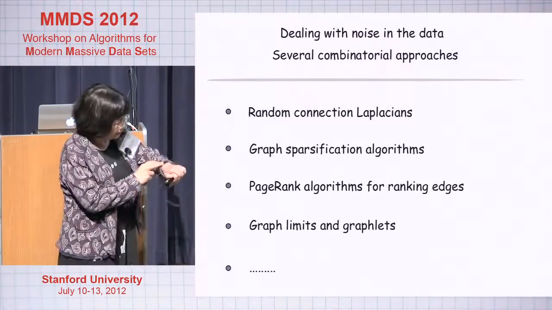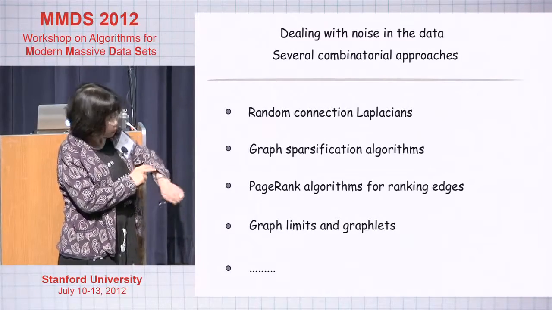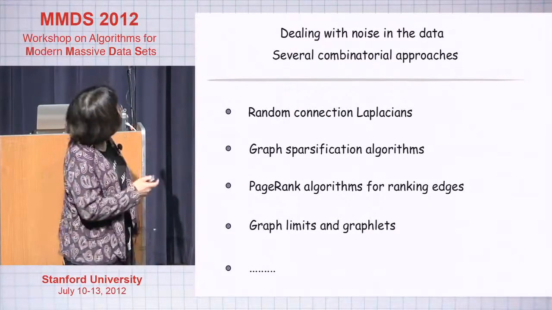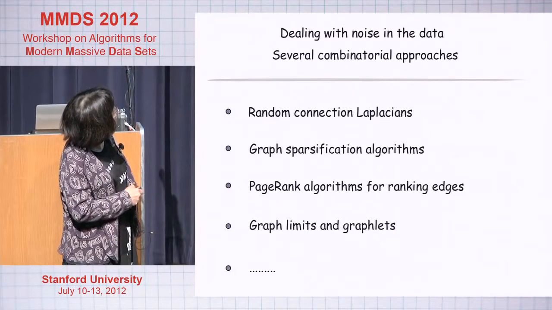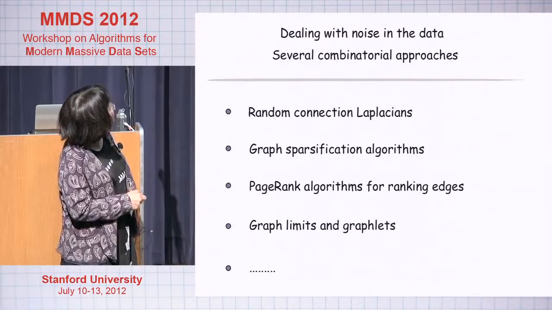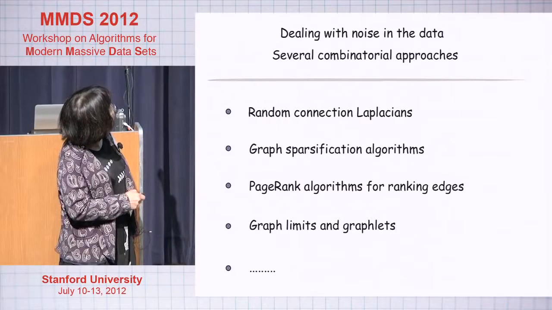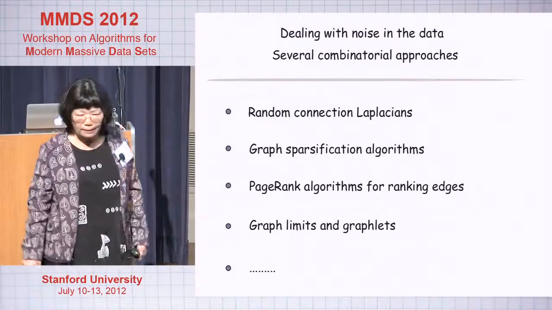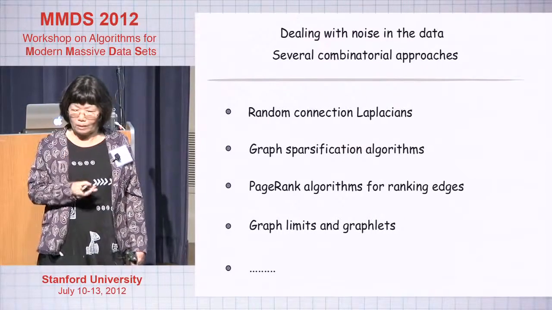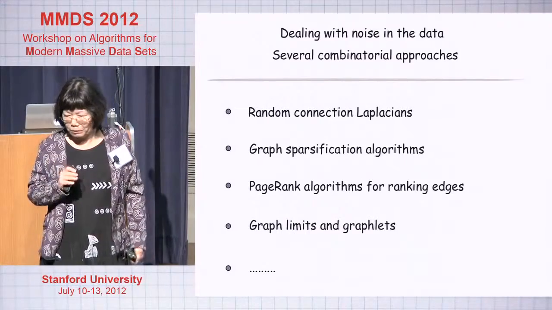I want to, let me see, almost make up for that. So you combine these methods, and once you get the edge ranking, you can go back to here and here because you can use it. All the edges are different now with a rank.